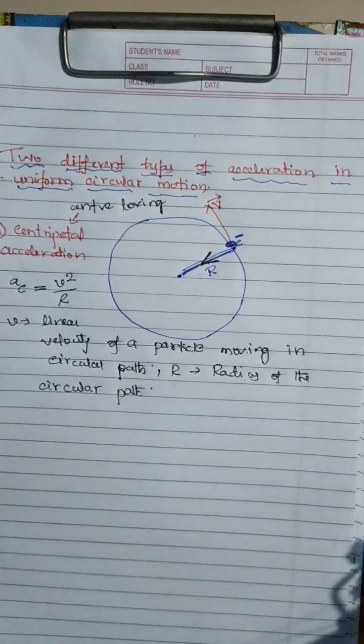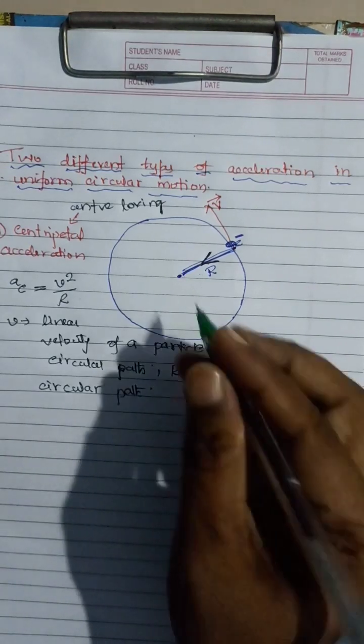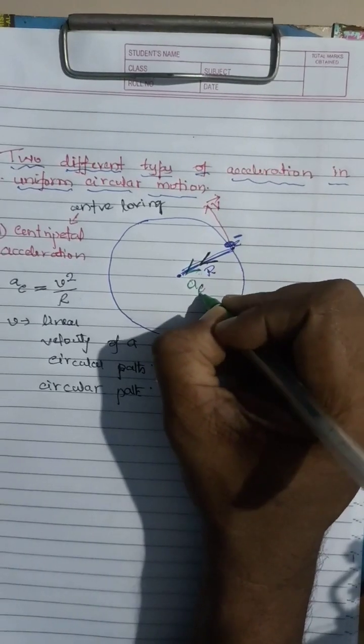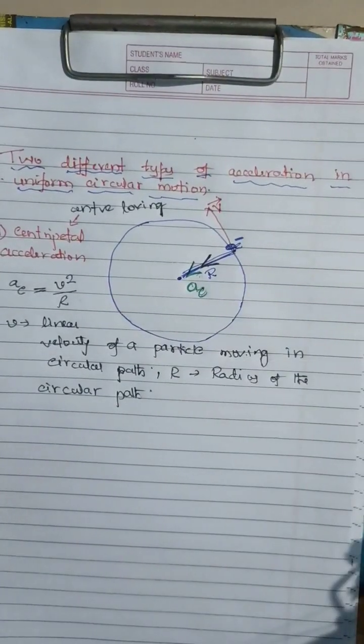Now you can immediately write here centripetal acceleration towards the center. So this is AC, along the radius towards the center.